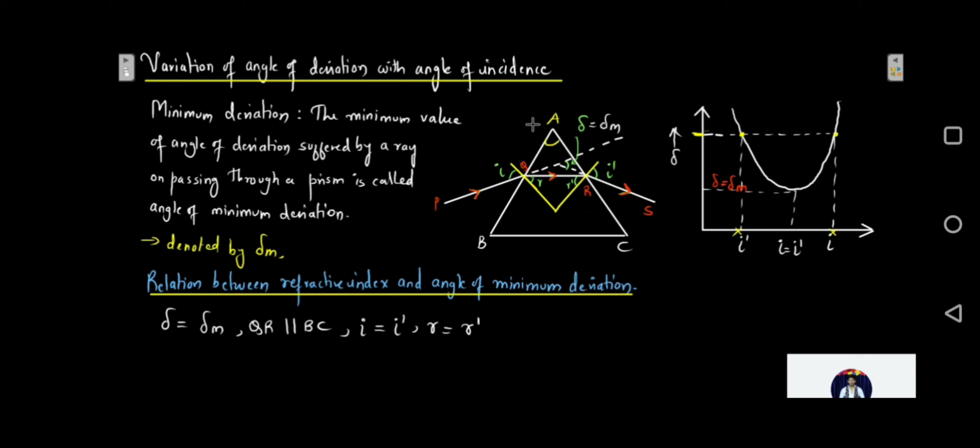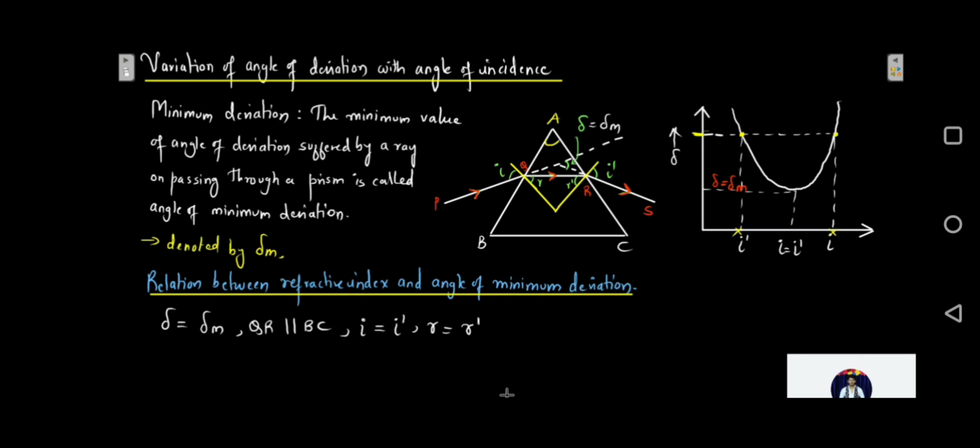So R will be equal to R dash. So this is what is going to happen when the ray of light passing through the prism experiences minimum deviation, delta m: I will become equal to I dash, R will become equal to R dash, and the ray of light will be passing symmetrically through the prism, that is QR will be parallel to the base of the prism, BC.